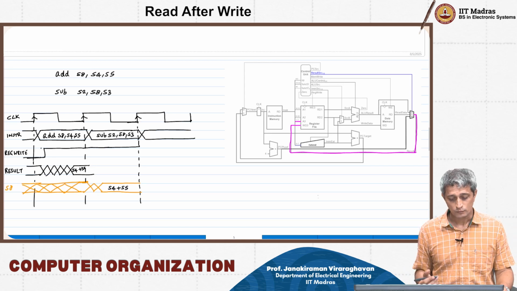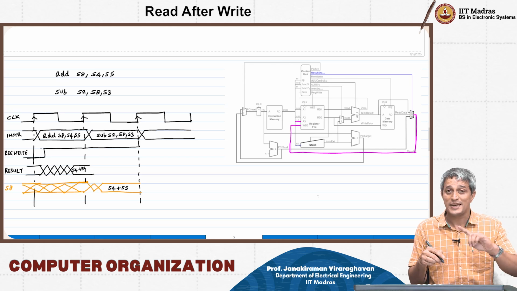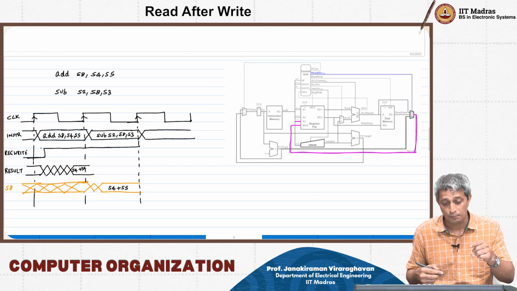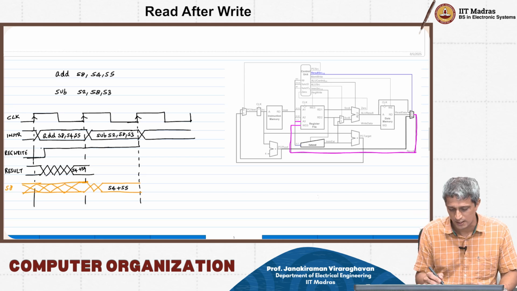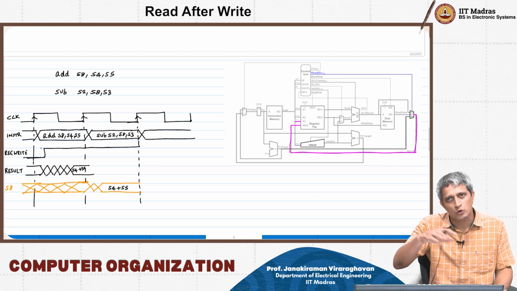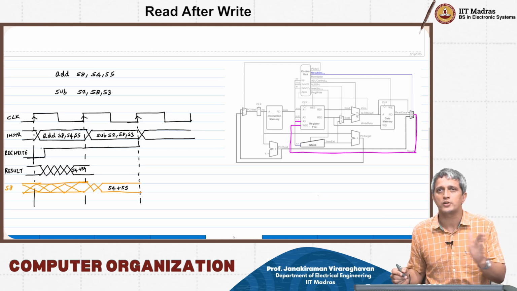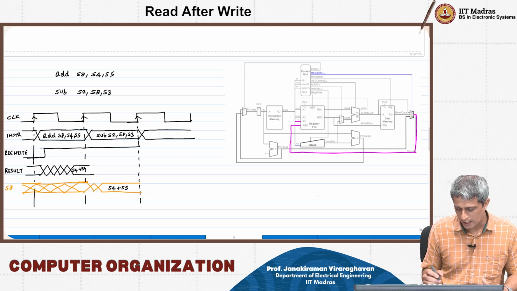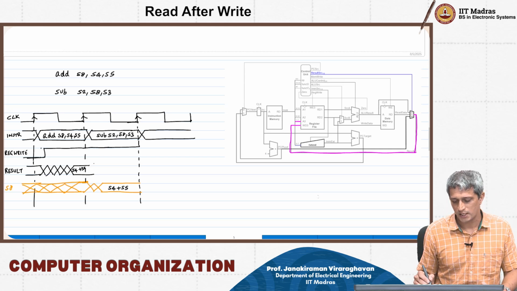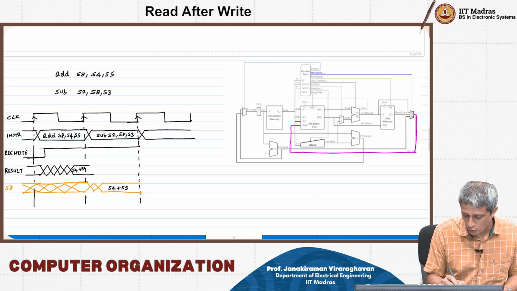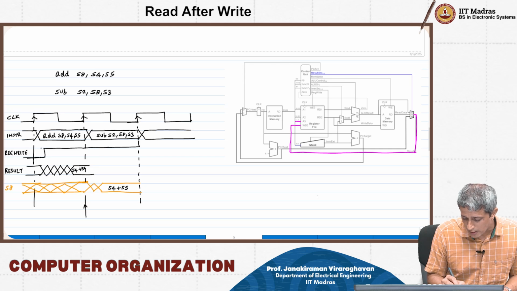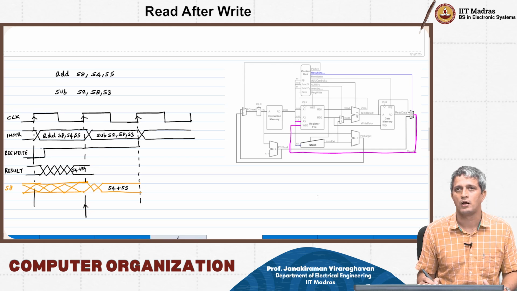Okay. Now what is going to happen? The next instruction, which is the subtract, which is using S8 itself, is going to go through the same process. But because the read is combinational in nature, you are not limited by sampling the data at the rising edge of the clock.